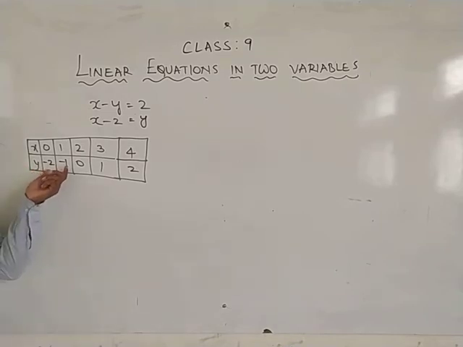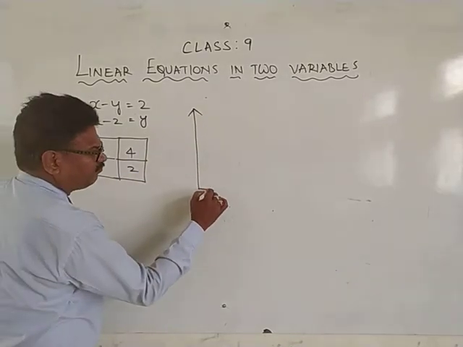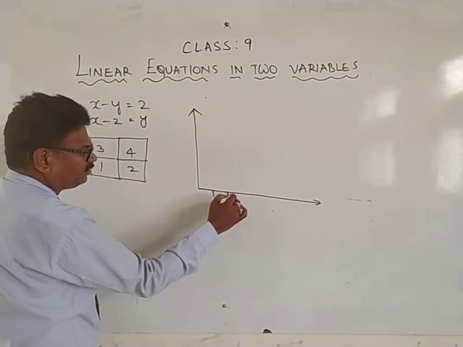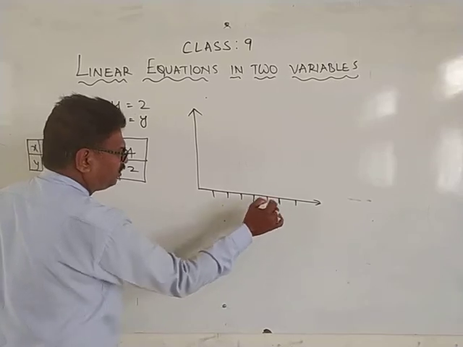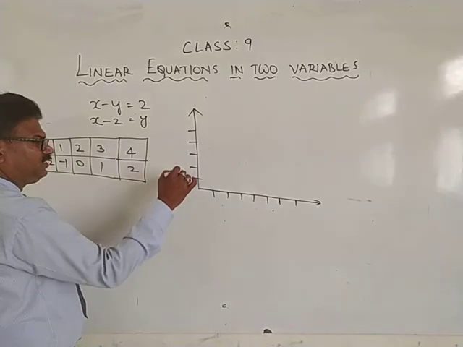Instead of taking minus, you can take 1, 2, 3 points. Enough. Now you can draw. Again same. Better to draw in graph paper, then it will be easy for you. You will get accurate answers, because whatever I am showing is only approximate.